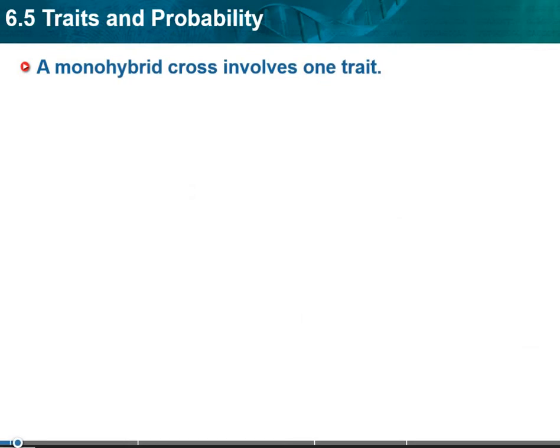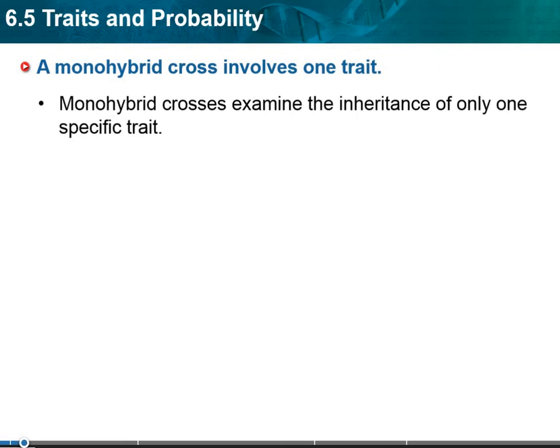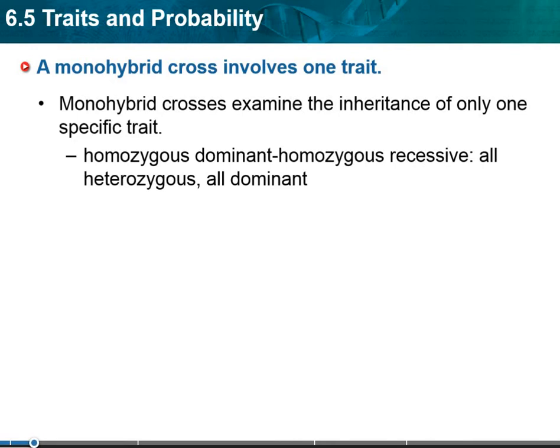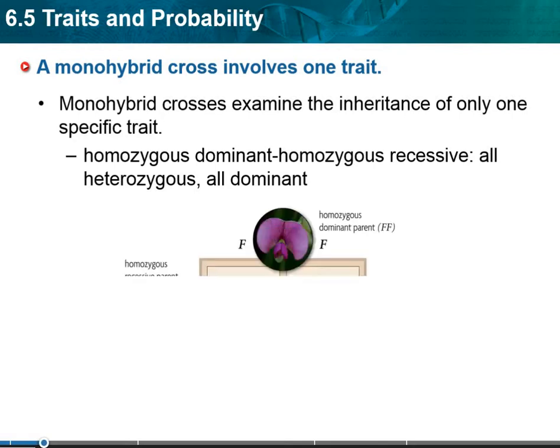A monohybrid cross involves one trait. So that mono means one. So monohybrid crosses examine the inheritance of only one specific trait. Homozygous dominant, homozygous recessive, all heterozygous, all dominant.